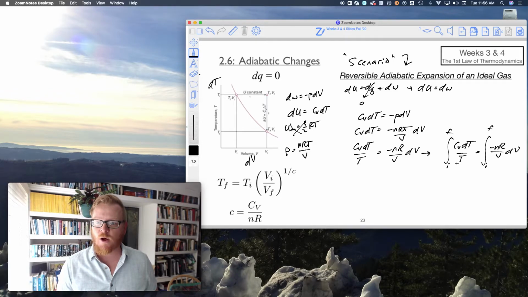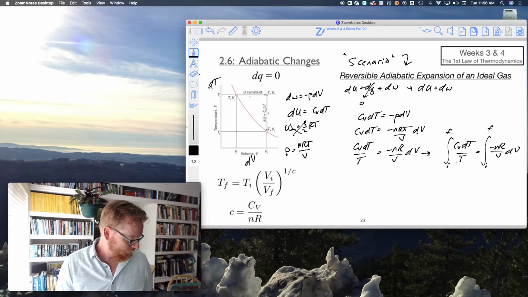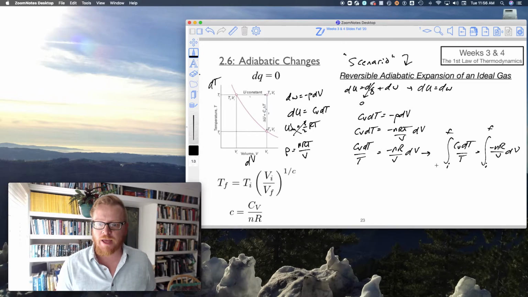So dT over T gives me natural log, right? And the constant Cv, we'll just assume that it's constant over this temperature range, okay? So putting this over here, we've now got Cv times natural log of Tf over Ti.